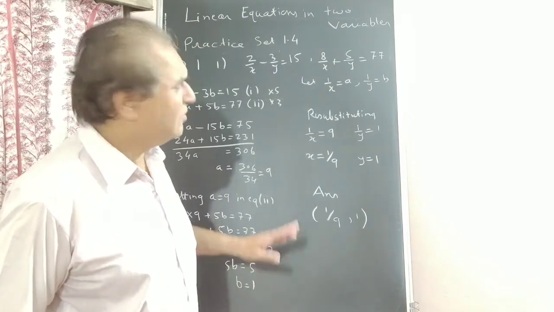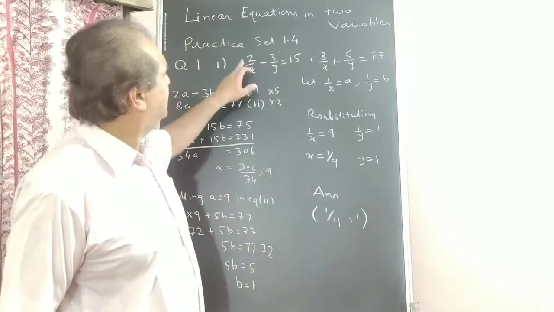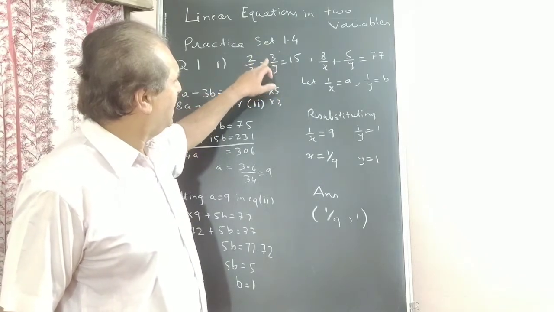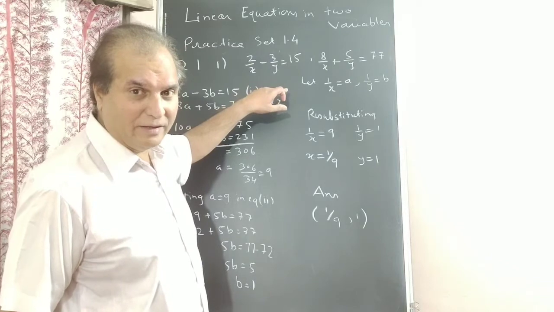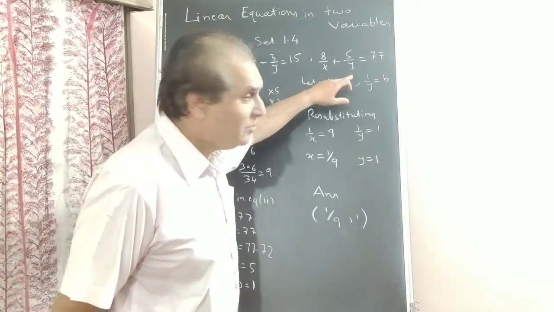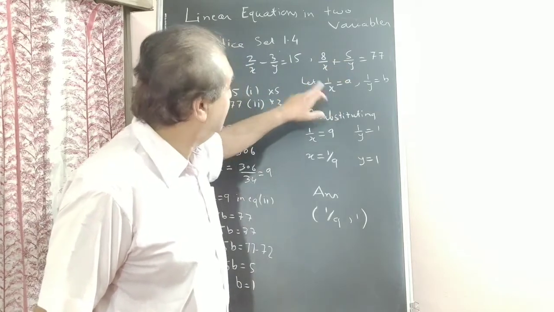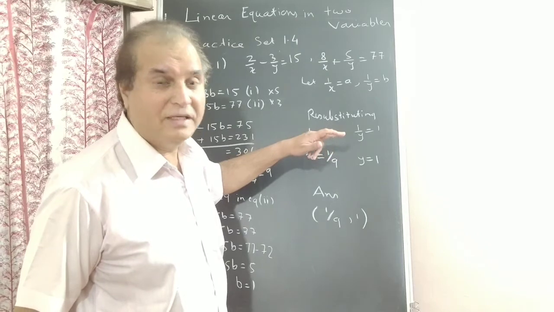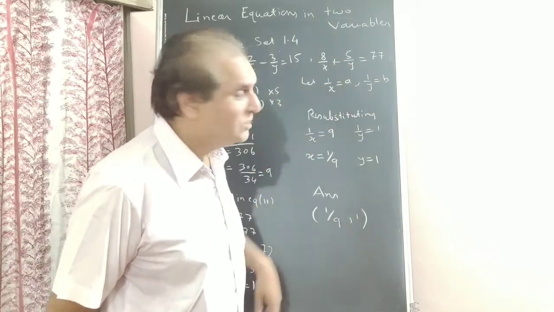Don't worry, not a very difficult sum. 2 upon x means 2 into 1 upon x, 3 upon y is 3 into 1 upon y, 8 upon x is 8 into 1 upon x, 5 upon y is 5 into 1 upon y. So let 1 upon x equal to small a, substitution for convenience, 1 upon y equal to small b.